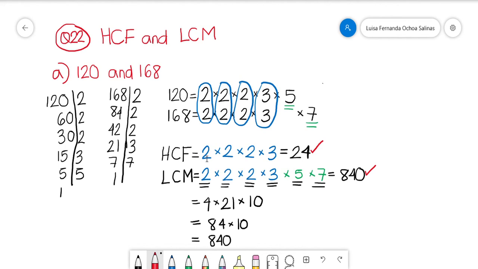You can see I didn't do the first part, the division, because I didn't have enough space. But from this point onwards, you will find it in your answer. You have the answer for 120 and 168. That was the first one. For 72 and 108 is over here. For 96 and 160 is in here. For 90 and 216 is in here. And for 42 and 224 is down here.